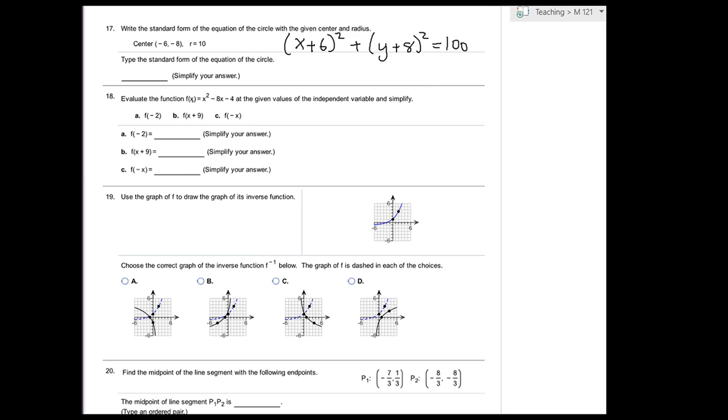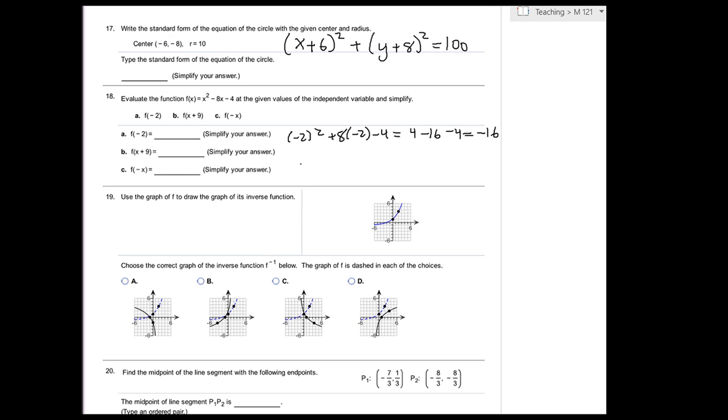Number 18, we're going to evaluate f of x equal to x squared minus 8x minus 4 at the given values of the independent variable and simplify. So f of negative 2 is going to be negative 2 squared plus 8 times negative 2 minus 4, which is 4 minus 16 minus 4, which is negative 16.